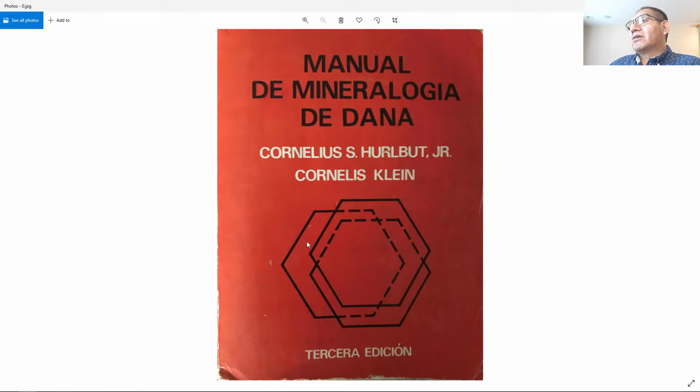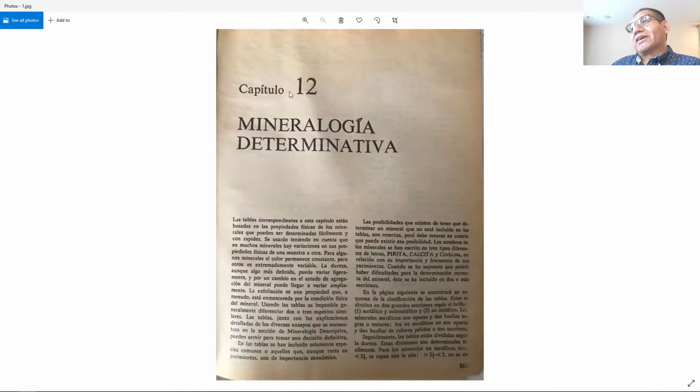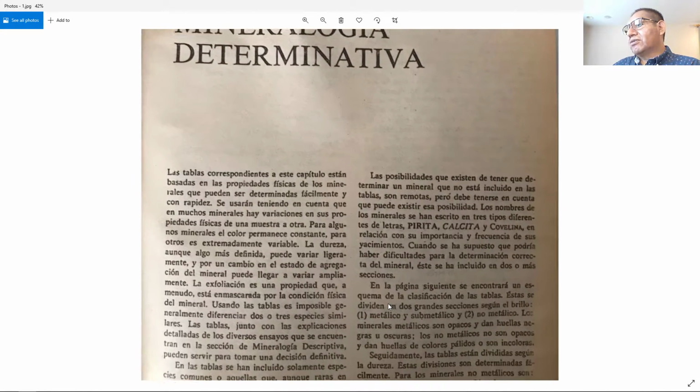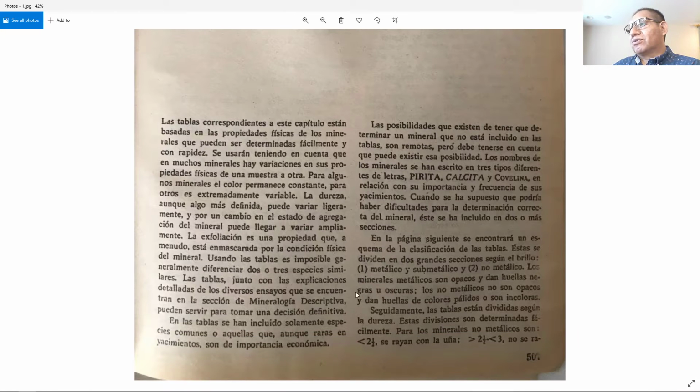Manual of Mineralogy of Dana, and the author is Cornelius Klein, the third edition. This book is from 1986, and as I told you, everything is in Spanish. So that's chapter 12, determinative mineralogy, and everything you need to know is going to be in here.